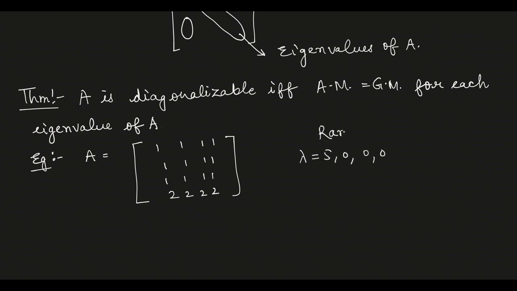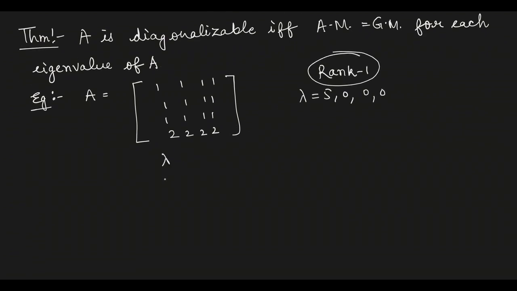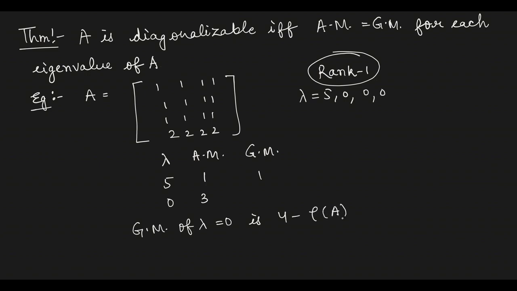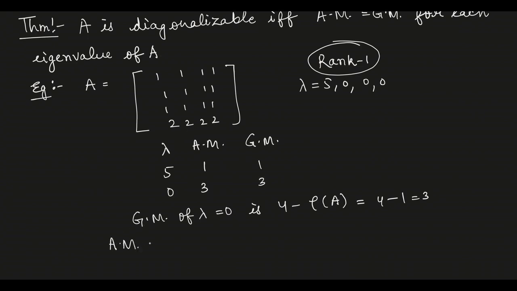Rank 1 matrix. So lambda is 5 and 0, AM is 1 and 3. What will be the GM of lambda equal to 0? 4 minus rank of A. So clearly AM is equal to GM for each eigenvalue of A. So A is diagonalizable.